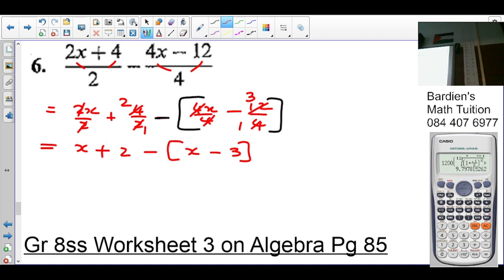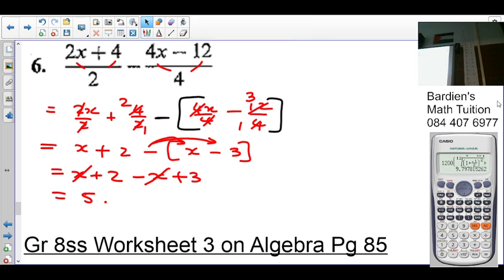Not like that. Get rid of the bracket. So it's x plus 2 minus x plus 3. So what's x minus x? Cancel. 2 plus 3 is? Okay. So any confusion there? Okay.